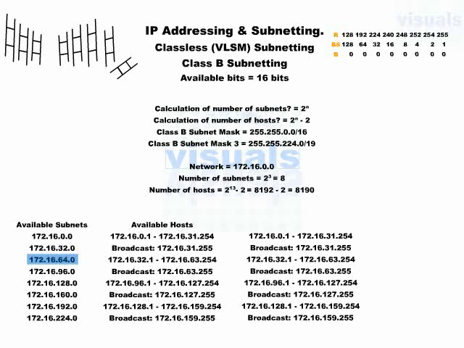So for this network, 172.16.64.0, valid addresses range from .64.1 to .95.254, and the broadcast address is 172.16.95.255. The rest of the slide repeats the process, so do not consider this one.